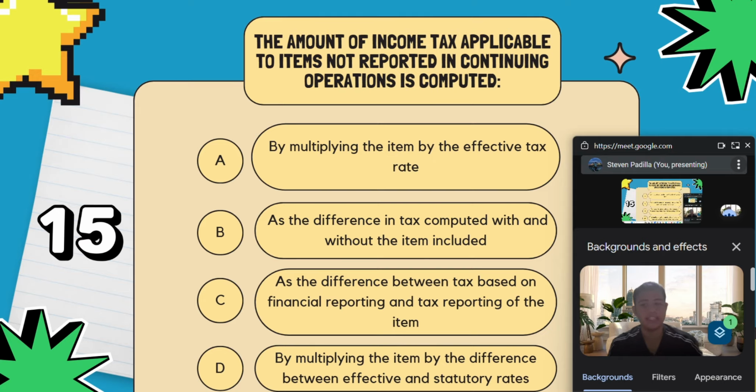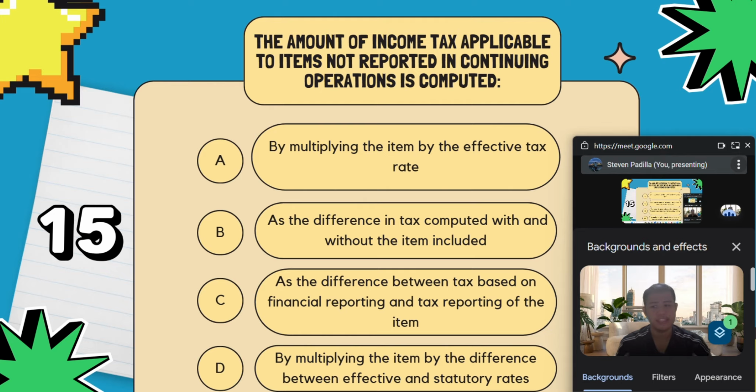For number 15, the tax effect for items not part of continuing operations must be separately calculated. Using the effective tax rate is incorrect because that rate applies to the entire continuing income. The correct method is to calculate the tax as the difference between the tax computed with the item included in income and the tax computed without it.